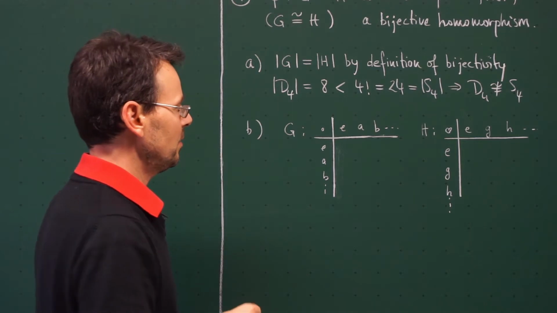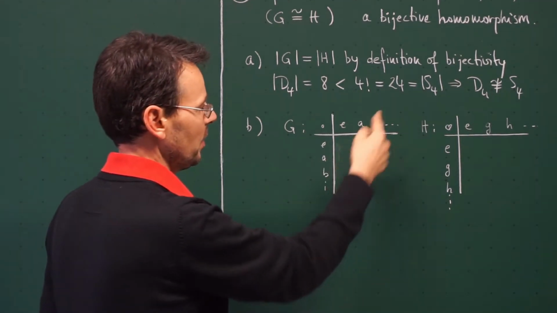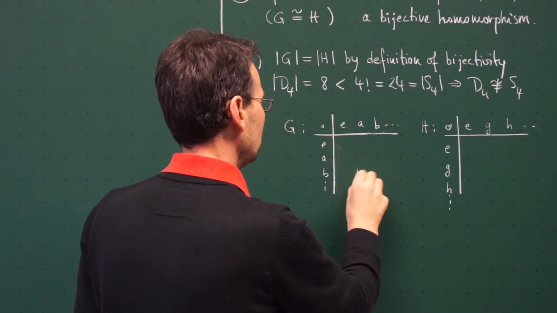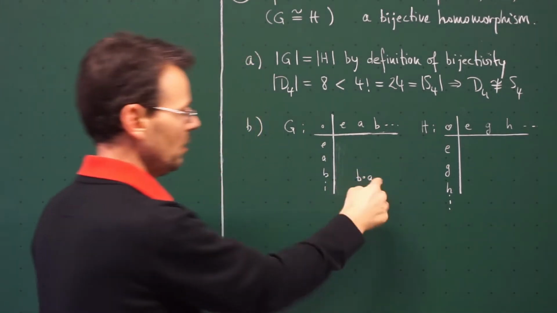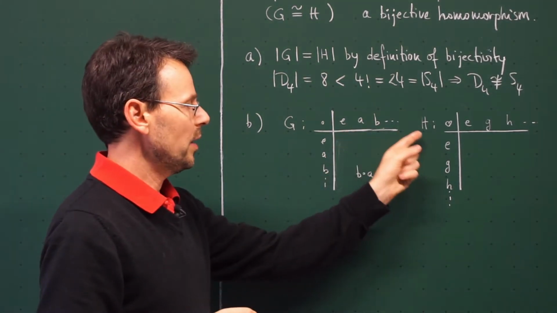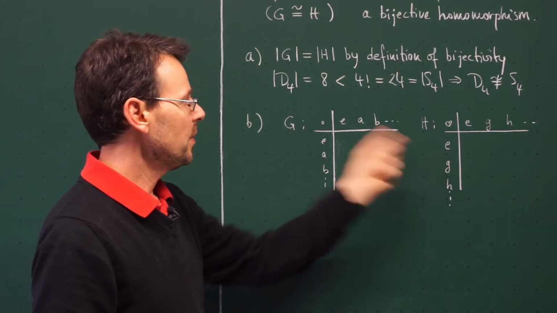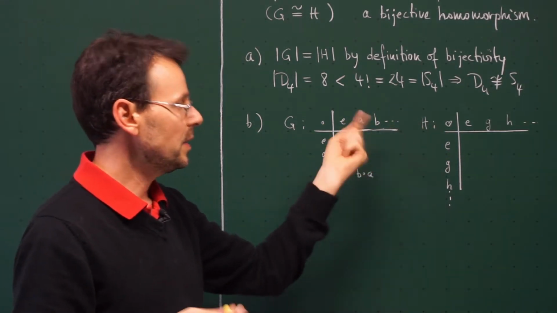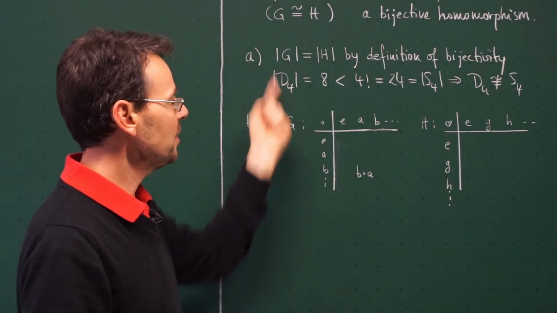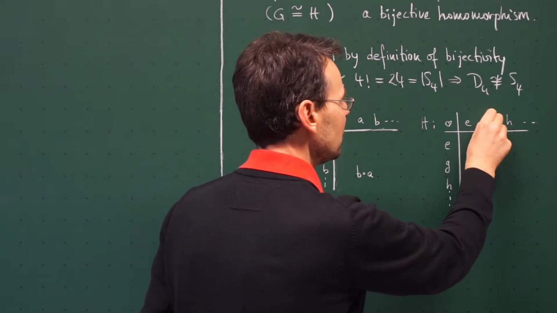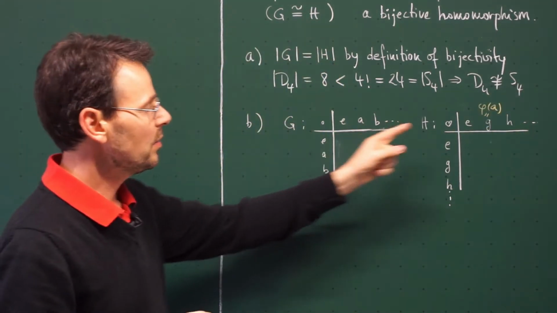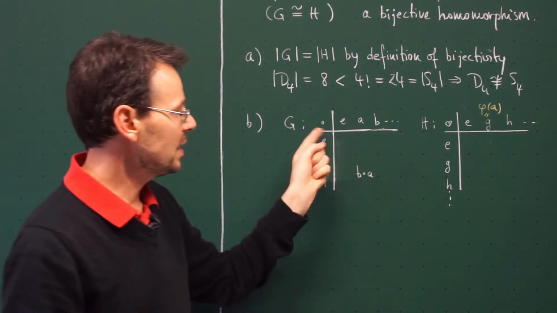So why is that? Because, for example, I know here that B composed with A is this element here. Now I can write down the elements of H. It's the same number of elements, we just established that, and because phi is bijective, I know that this element here can be written as phi of some element here, and now I take the order here to be exactly as here.